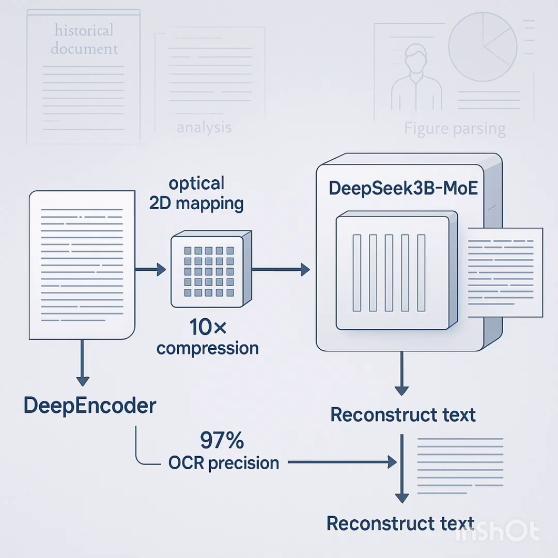So if the SAM part looks at, say, a 1024 by 1024 image, that must generate a lot of initial patch tokens. How do they stop that from overwhelming the CLIP part? That's the crucial trick. That 1024 image generates 4,096 patch tokens initially. Feed that into global attention? Forget it. Your GPU melts. So what's the solution? They insert a critical component right between SAM and CLIP, a 16x convolutional compressor.